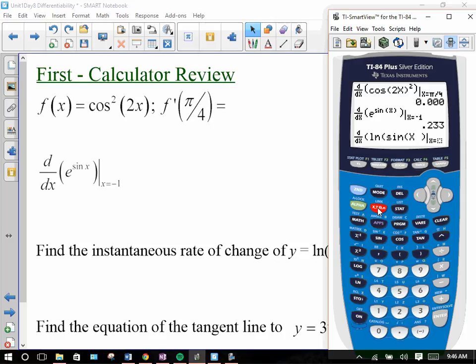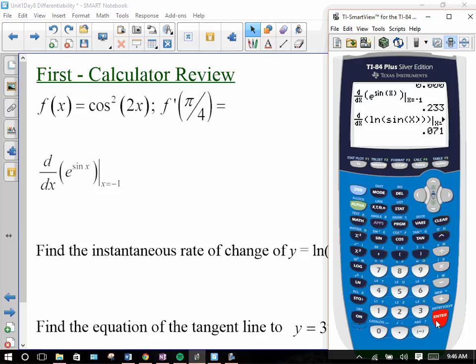And now the important thing here is notice you have 3 parentheses facing that way, so you have 3 over here. We're evaluating it at x equals what? 1.5. Enter. 0.071.